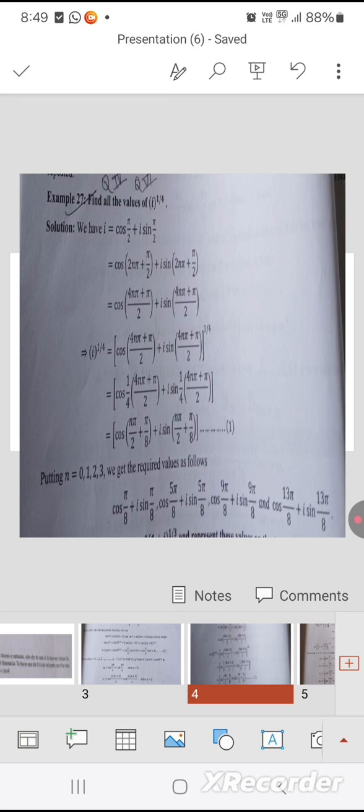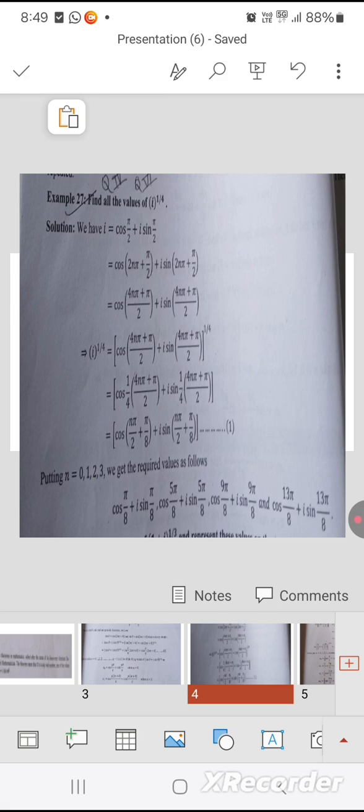So now our next step 3 is to take the fourth root. To find i raised to 1 by 4, we take the fourth root of the polar form. That is i raised to 1 by 4 is equal to (cos(4n pi plus pi by 2) plus i sin(4n pi plus pi by 2)) raised to 1 by 4.